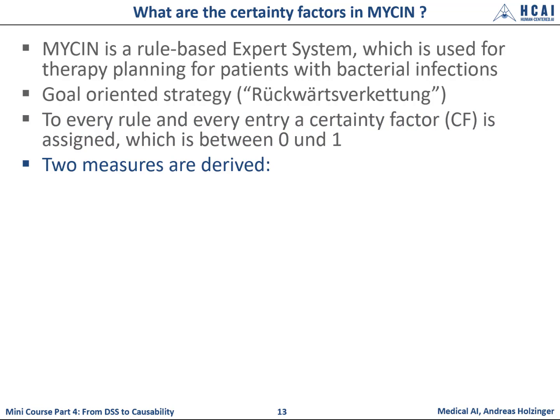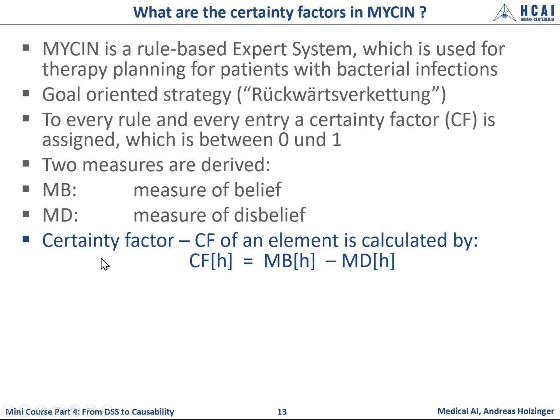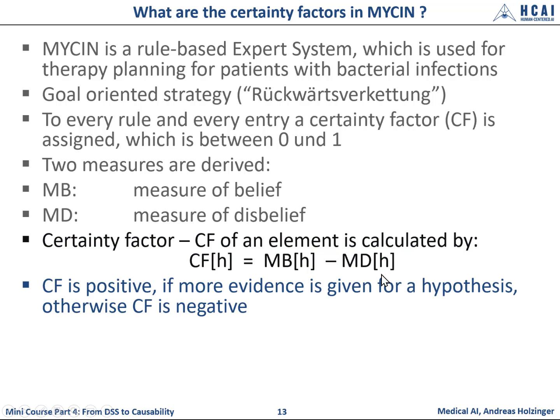And this works with Mycin because two measures are derived: a measure of belief and a measure of disbelief. And then you can easily calculate the so-called certainty factor CF of an element by CF of hypothesis H equals the measure of belief of the hypothesis H minus the measure of disbelief of the hypothesis H.